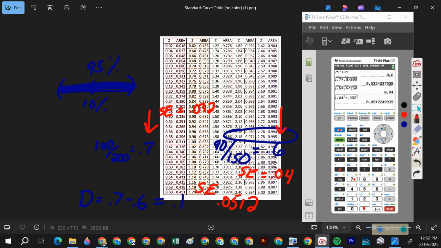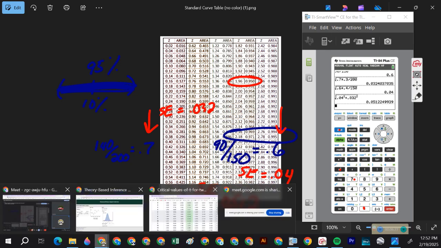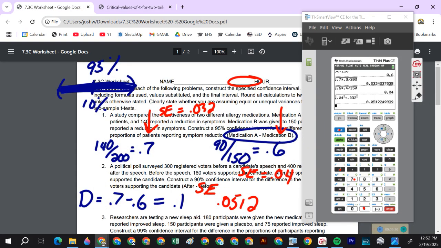So I look at the area column. 95% in the center is a z-score of 1.96, okay, which is about 2, right? So what do I do with that 1.96? Go back here. So I need to go 1.96 SEs to the right and 1.96 SEs to the left.